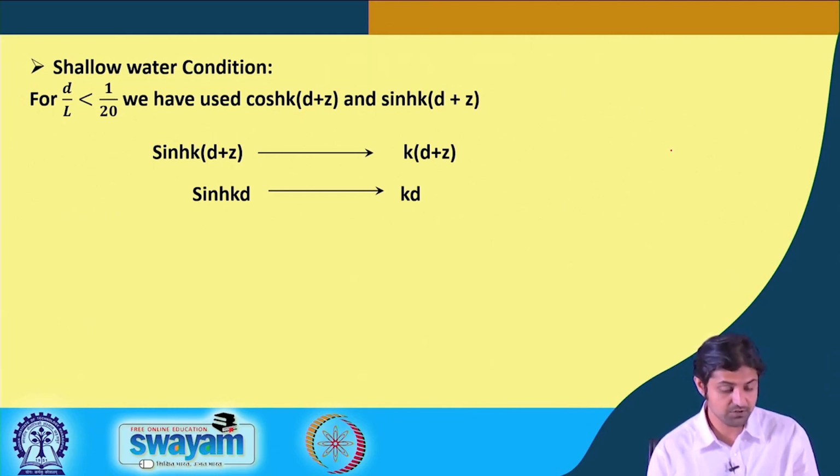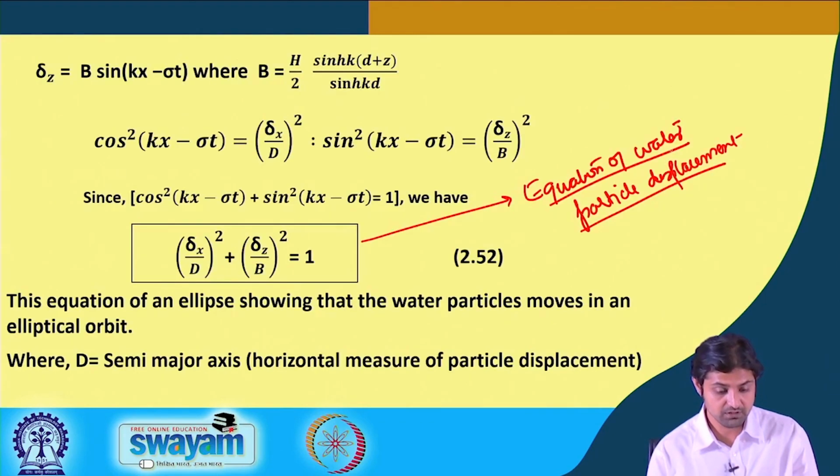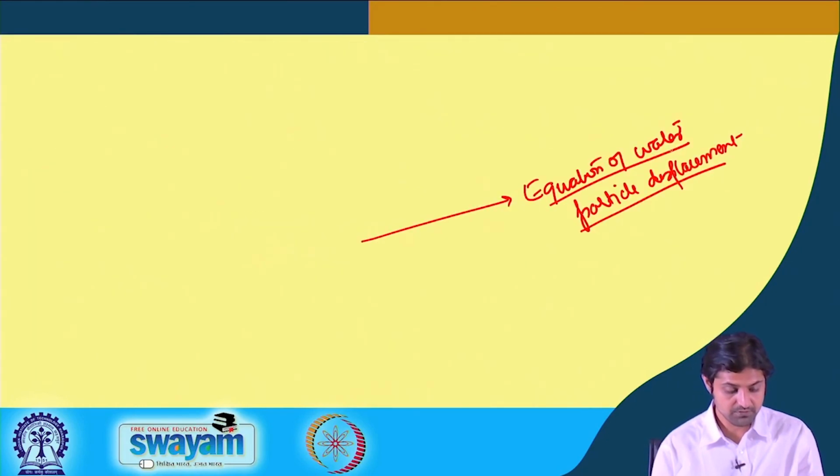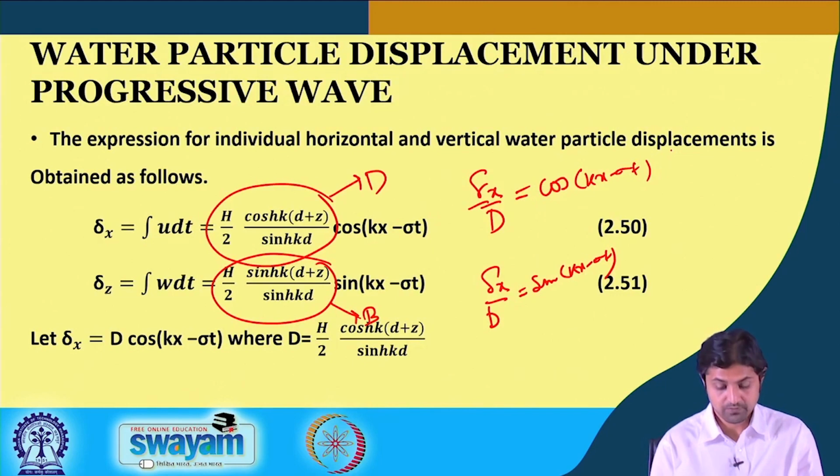Hence, D will be what? As you remember, D was this equation: D was H by 2 cos hk(d+z) and sin hkd. In shallow water, this becomes k(d+z) divided by kd, alright.